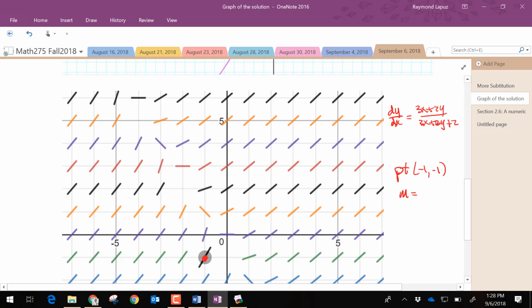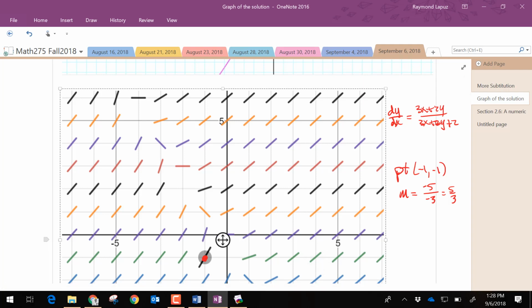So if we put -1, -1 in there, we're going to get a -5 in the numerator divided by -3. So it's positive, and that kind of matches with our graph. It's 5/3. It's bigger than 1, so it's a little bit steeper than just a regular diagonal. So we're going to go in this direction.